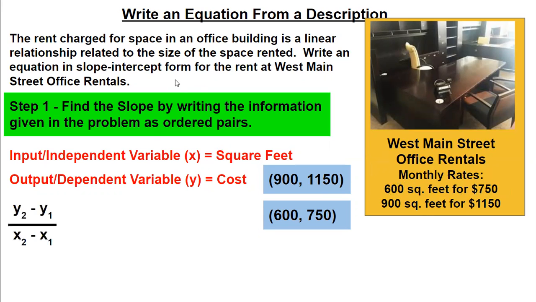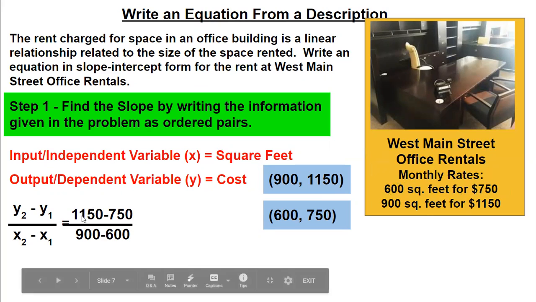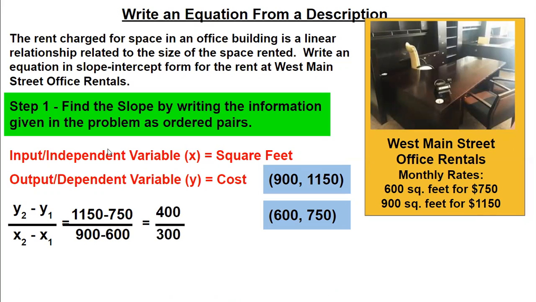We put in our slope formula, y2 minus y1 over x2 minus x1, and we get 1150 minus 750 over 900 minus 600. Notice how 1150 and 900 are paired underneath each other, and these two are paired. Do the math, and you get 400 over 300. Since we are talking about cost, we're going to want to put this as a decimal.